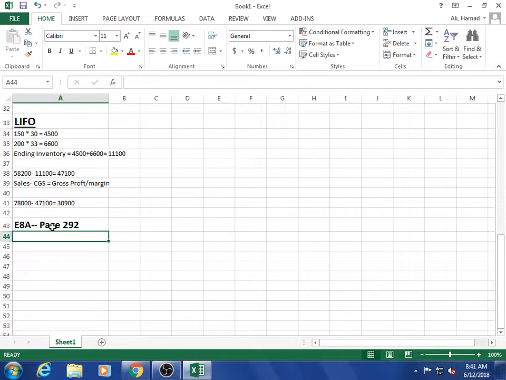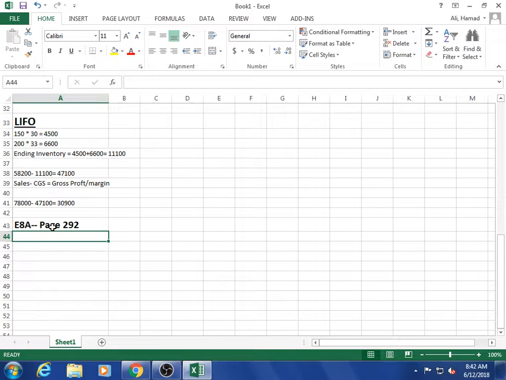Now, what you and I covered earlier, remember the retail method depends on the cost of goods sold formula. Beginning inventory plus purchases equals available for sale, both at cost and at retail. Once we find the cost to retail ratio, we use that.